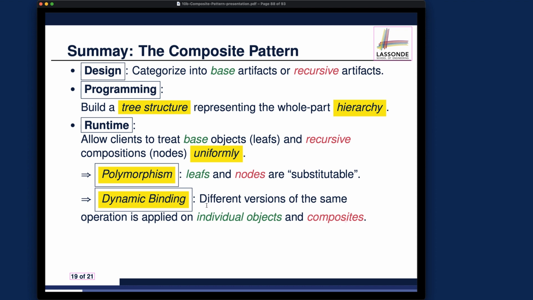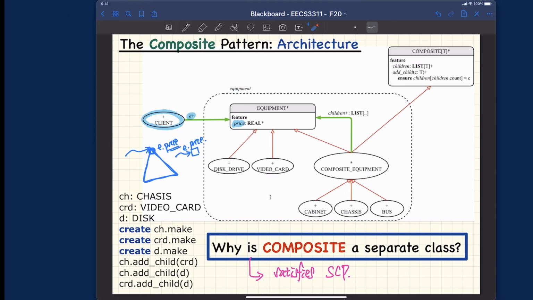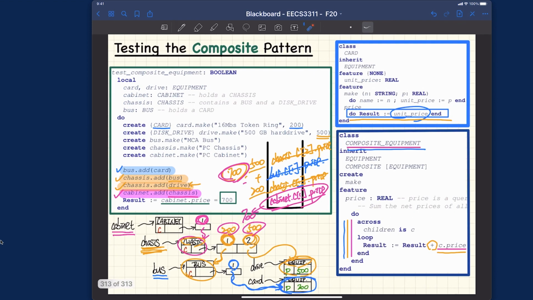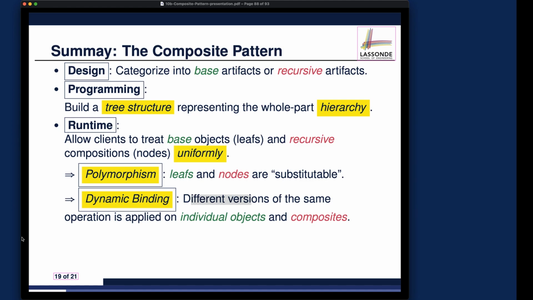So think about the price feature. Remember the trace we just did over here. You can see for the same price feature, it can either be implemented using a unit price for the basic equipment, or it can be implemented using a loop and with the help of dynamic binding, also with recursion, when you talk about composite equipment. So you got the same feature but two different versions for the base case and the recursive case.